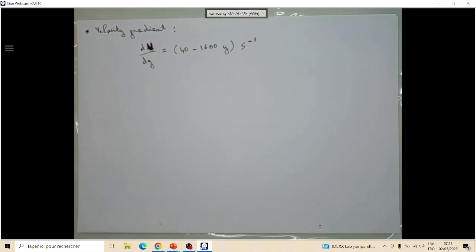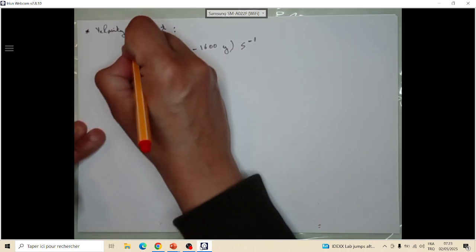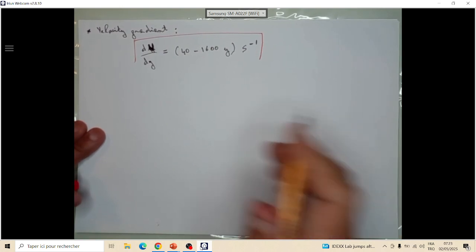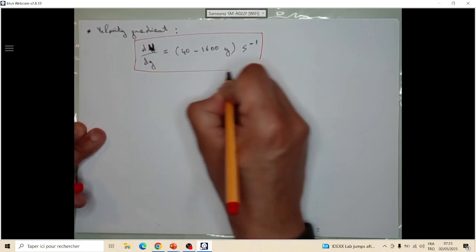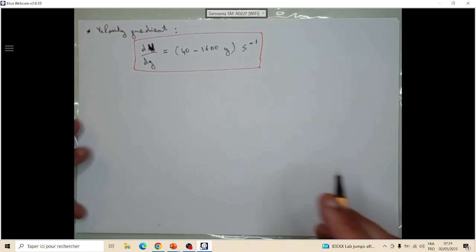So this is what we found. I will frame it. So this is what we have found for, this is what we call velocity gradients.